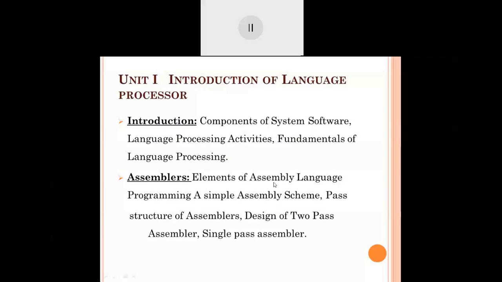We need some instructions here to understand the assembler, because the assembler works on the assembly language program. If we take the input as an assembly language program or ALP program, at that time you should know about that ALP program, and then it works on that program. That's why we use assembly language programming there.